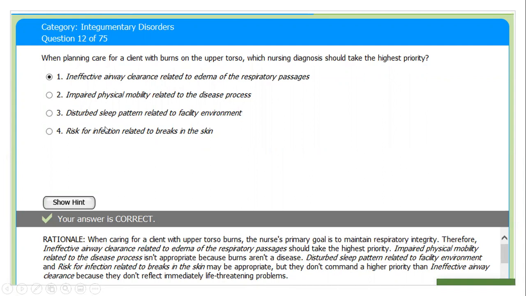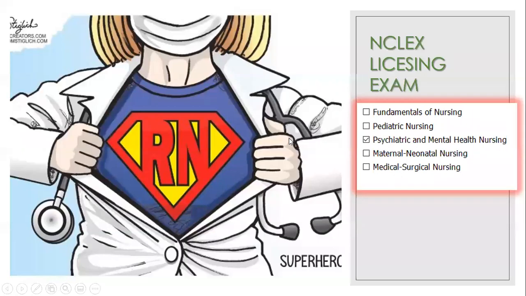Risk of infection and sleep disturbance are not life-threatening, but airway clearance is life-threatening because it can cause stoppage of respiration. So these are a few questions and answers. It can help you pass the NCLEX licensing exam.